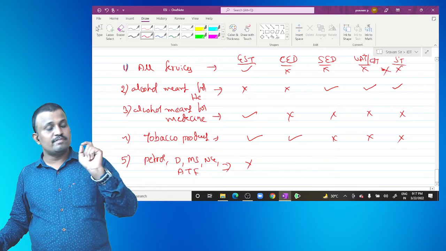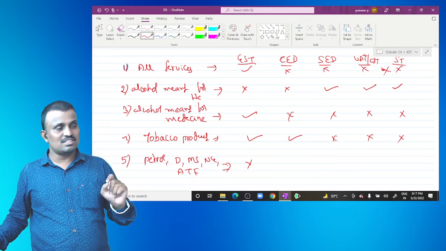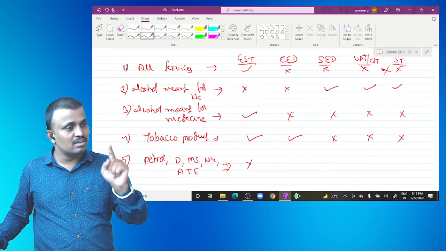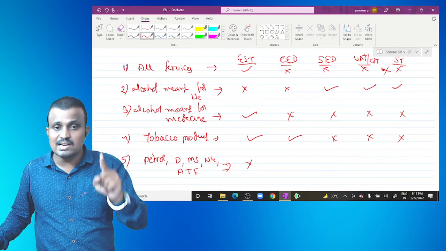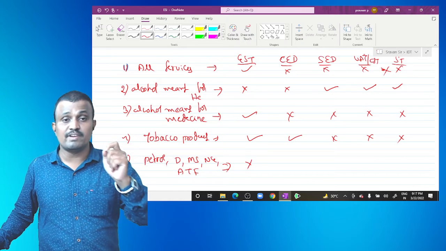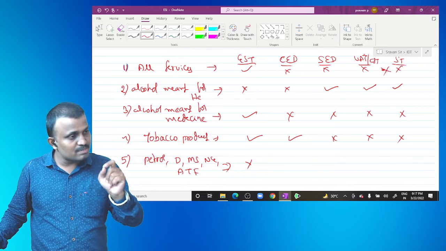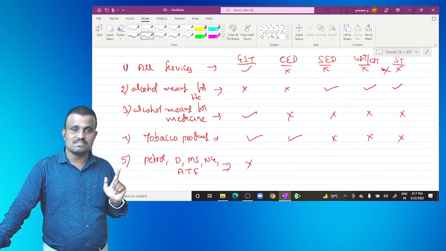And remember, if any question relates to non-taxable supply, it is the supply of alcohol meant for human consumption, petrol, diesel, motor spirit, natural gas, and ATF till now. If any date is notified by the central government for petrol, diesel, motor spirit, natural gas, and ATF, those are covered under the purview of GST.